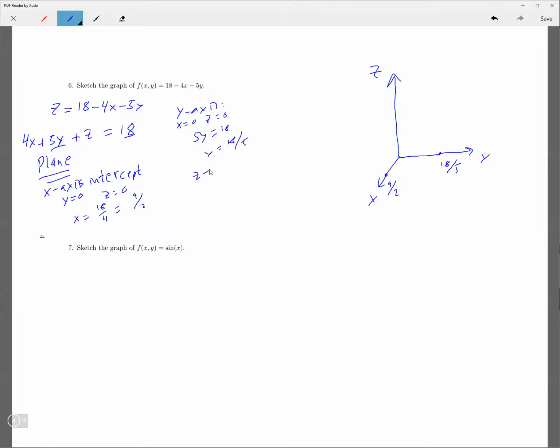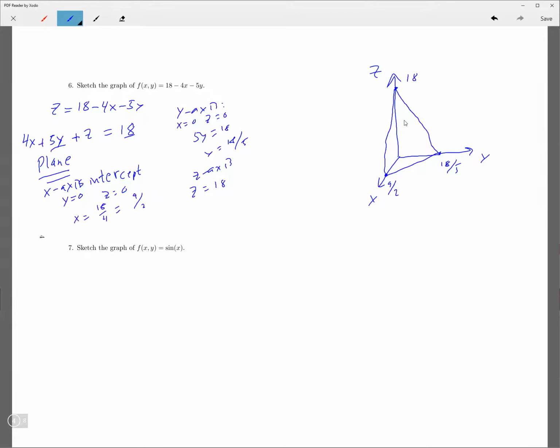And then the z-axis, that's going to be where z is 18. Up here. It's going to intersect at those 3 places. It's going to be a plane that intersects like that, but then continues going out in all directions.